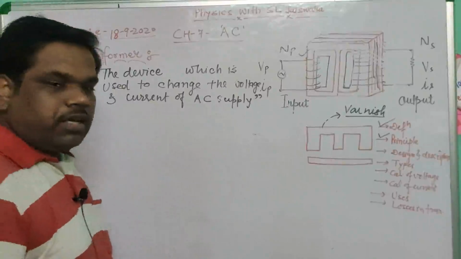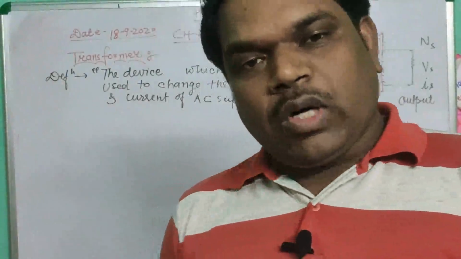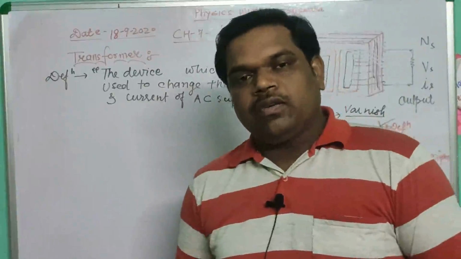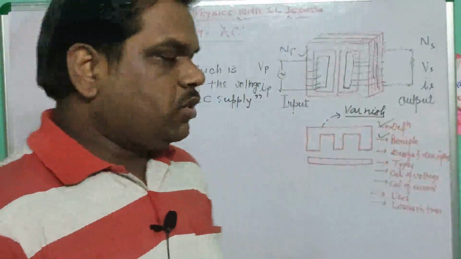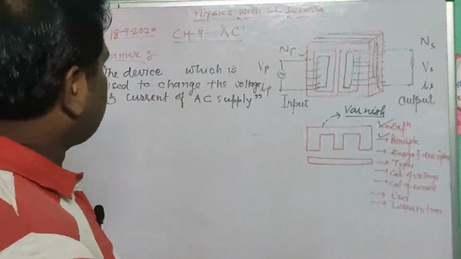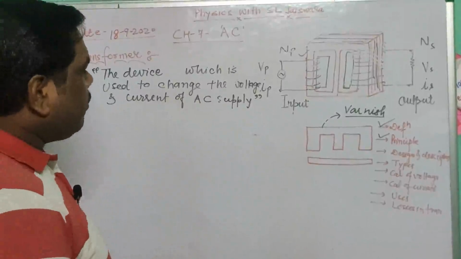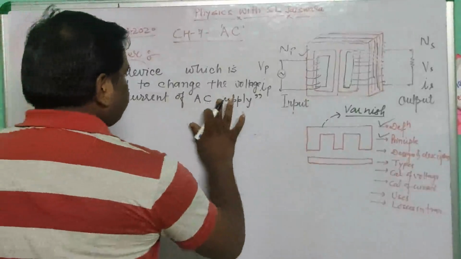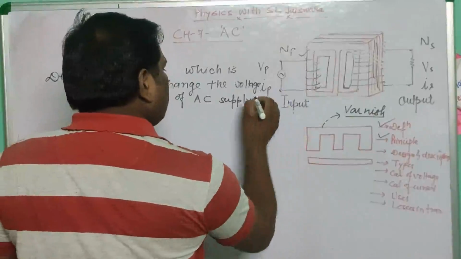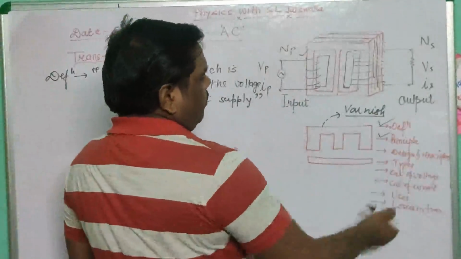It is a kind of device which changes the voltage as well as current of AC supply. So the device which is used to change the voltage as well as current of AC supply is said to be a transformer, you may say, right? Okay, so this is the definition.